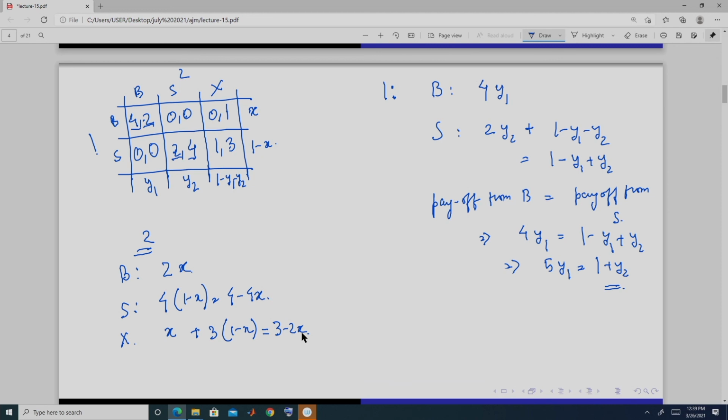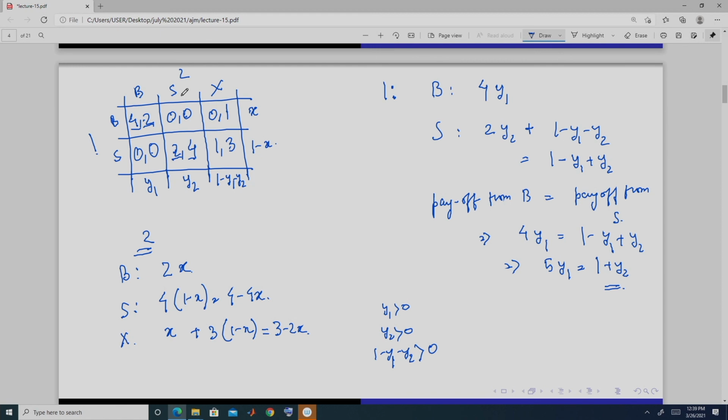Now, first here we have to identify, suppose player 2 attaches some probability to all these 3 strategies or all the 3 actions. When will it attach some positive probability? Y1 is positive, Y2 is positive, and Y minus 1 is also positive, when the payoffs are the same in all these 3 strategies.